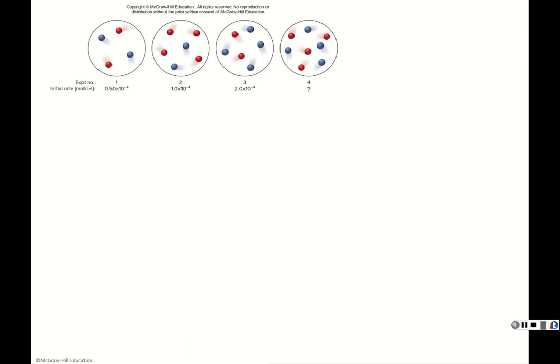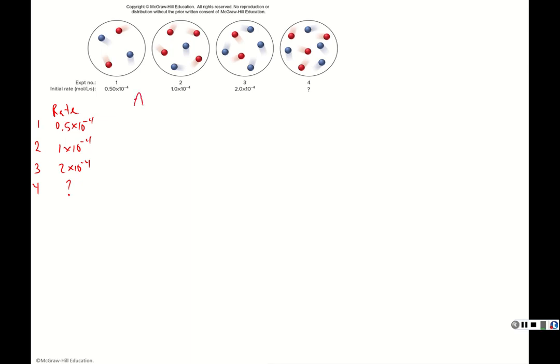In our table, we have the rates that are given for experiments 1, 2, 3, and 4. The rate for experiment 1 was 0.5 times 10 to the minus 4, experiment 2 is 1 times 10 to the minus 4, experiment 3 is 2 times 10 to the minus 4, and experiment 4 is an unknown.